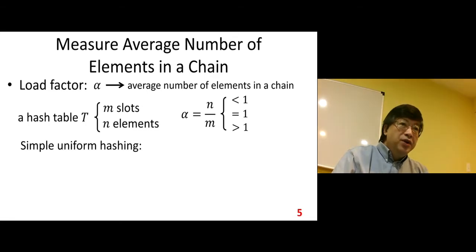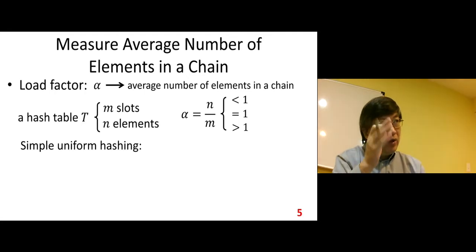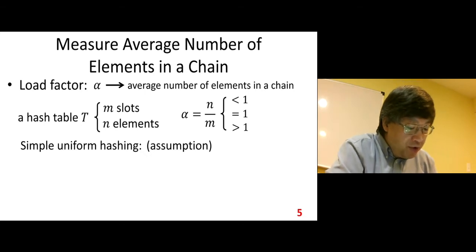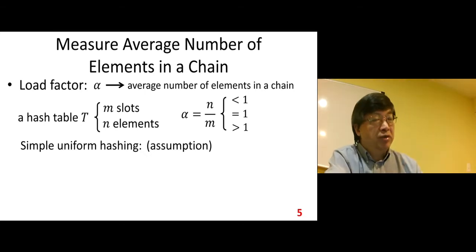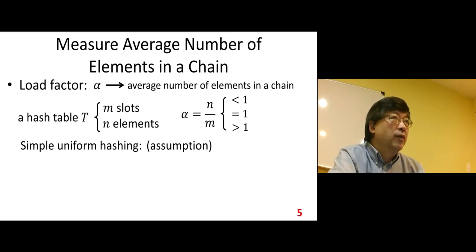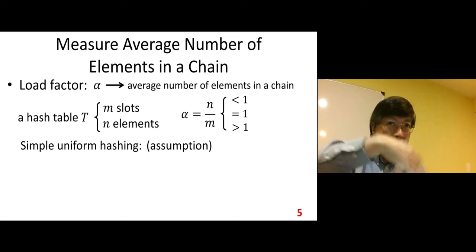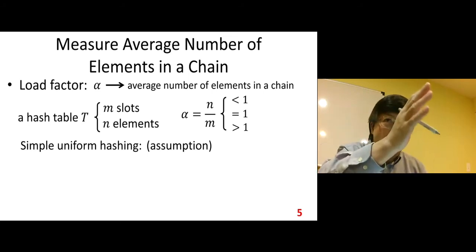So when you use this chaining method, and our data follows the simple uniform assumption, we call it simple uniform hashing in this situation. Because the data is distributed in a uniform way, it follows a uniform distribution.